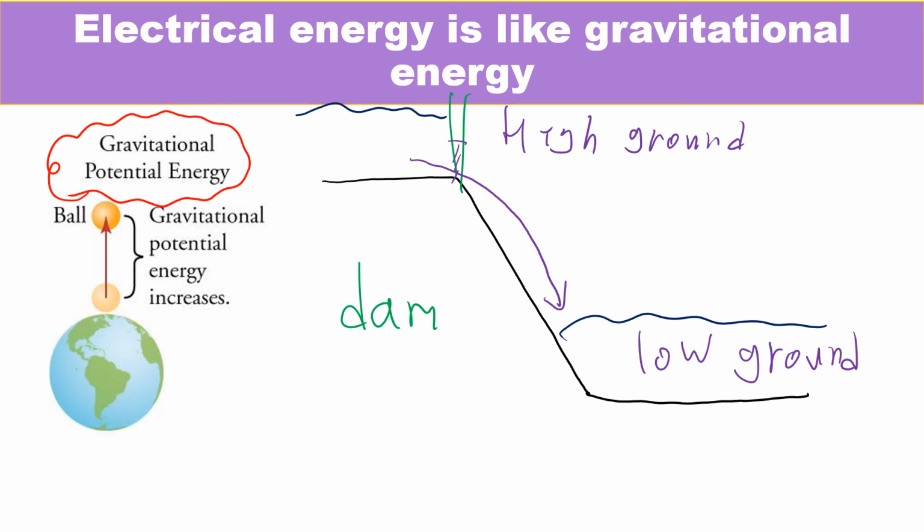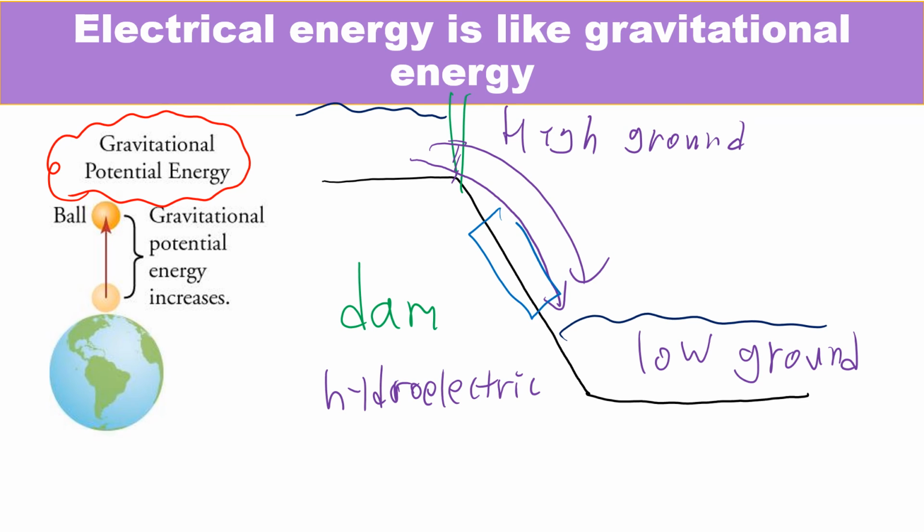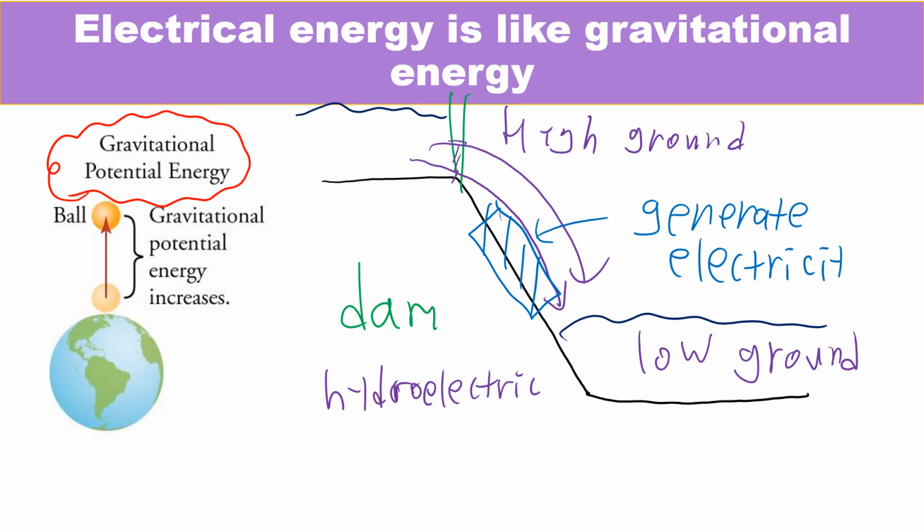Now, if you think about a hydroelectric plant, which is the one that uses a dam, while that water is traveling from higher ground to lower ground, we have a device over here that actually generates electricity by turning the turbine. Think about a motor, except it's run by water.